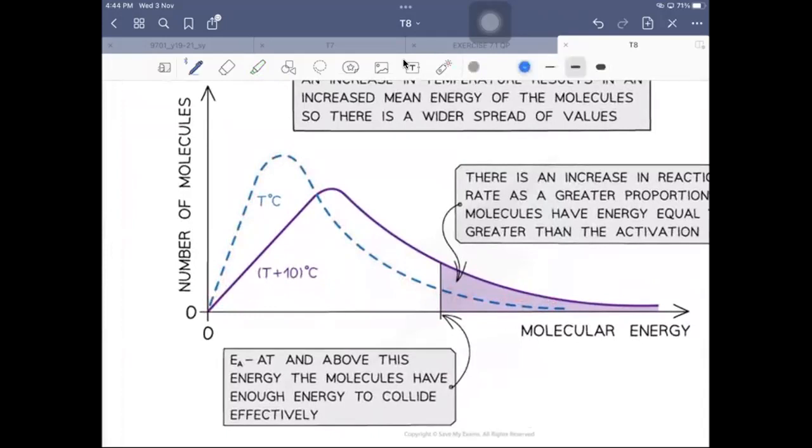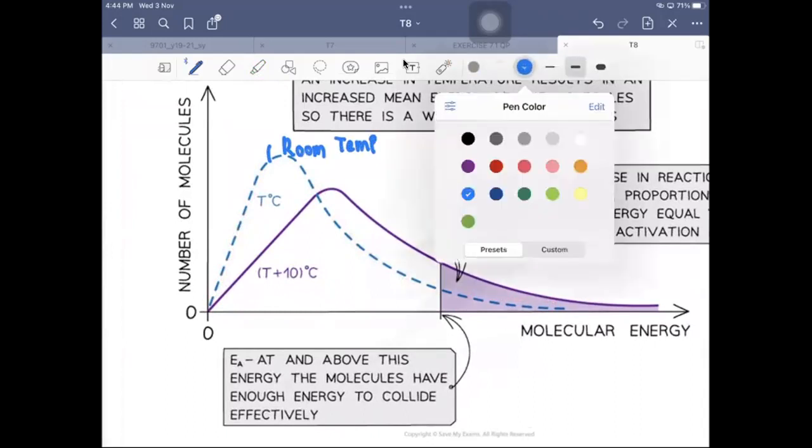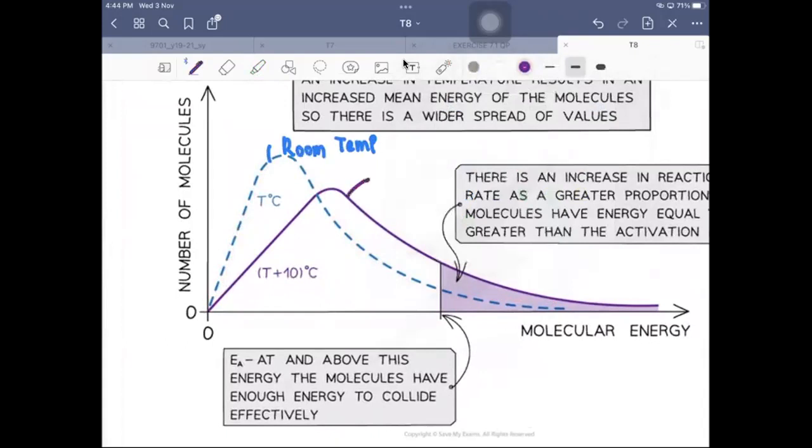And then at 25 plus 10, 35 degrees, that's my Boltzmann distribution graph in purple.